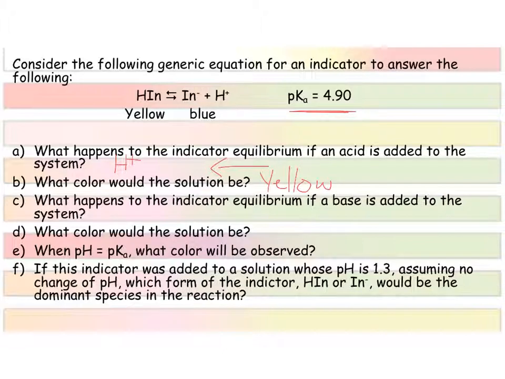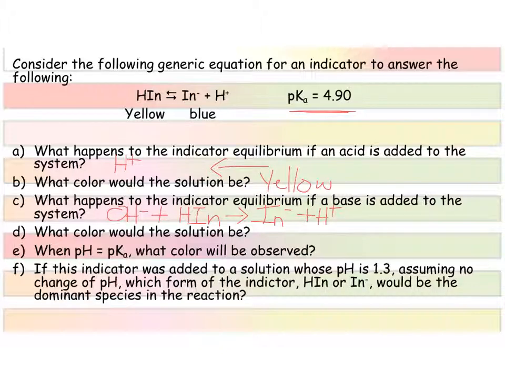All right, now the converse is what happens if we put a base in there. Well, if we put a base in there, all the base is going to do is react with our acid. So essentially our acid is being removed from solution and it is producing the conjugate base and the H plus, okay?